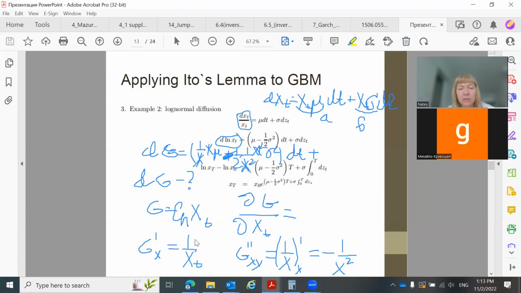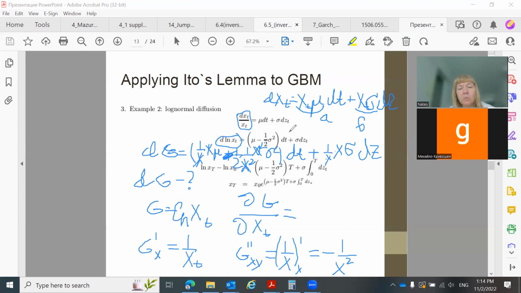Differentiate with respect to 1 divided by x, multiplied by x, and dz.